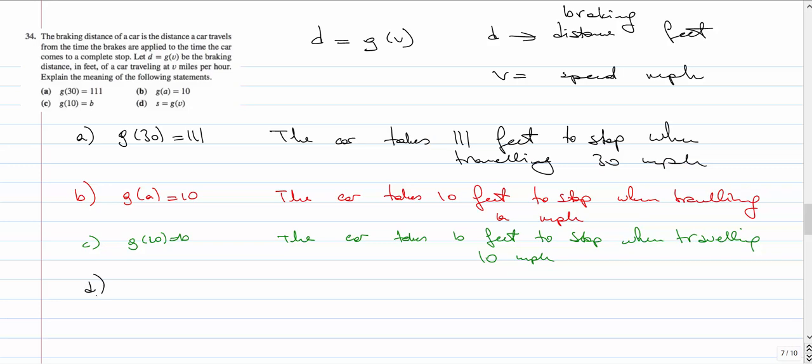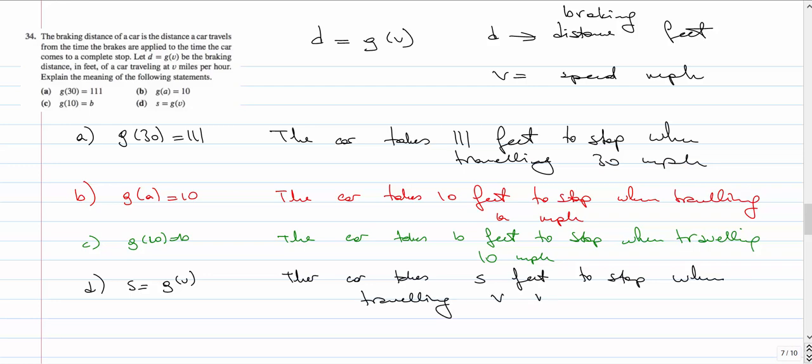And D, S is equal to g of V. So the car takes S feet to stop when traveling V miles per hour.